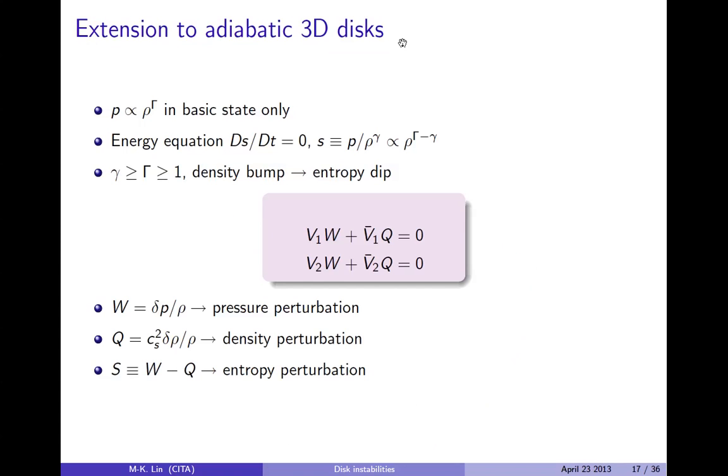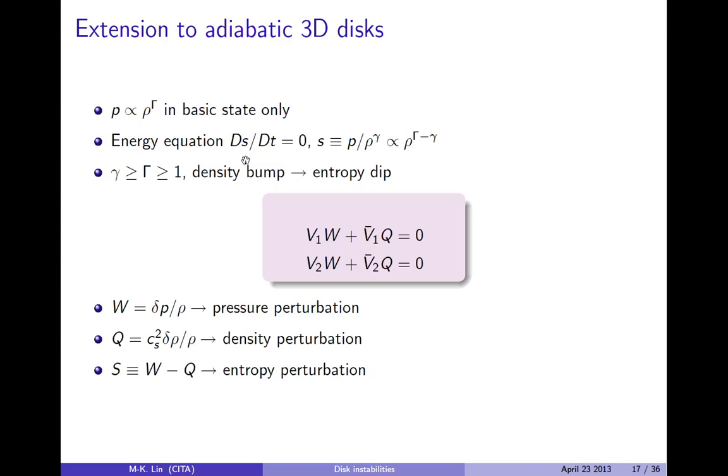So I now want to discuss adiabatic three-dimensional disks. I'm going to continue working with a polytropic background disk. So in the equilibrium state, pressure will still be a power law function of density, but now I'm going to relabel my polytropic index as big Gamma here.